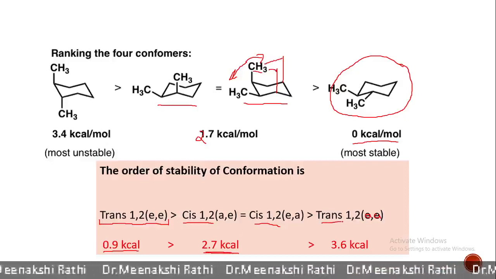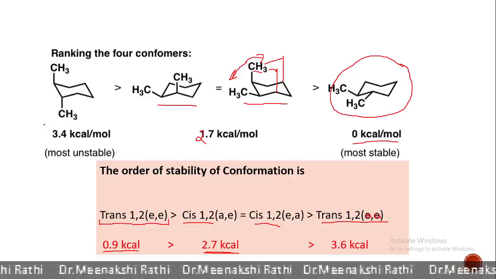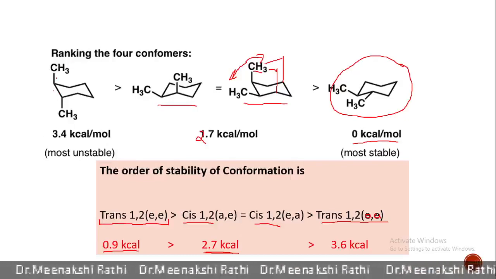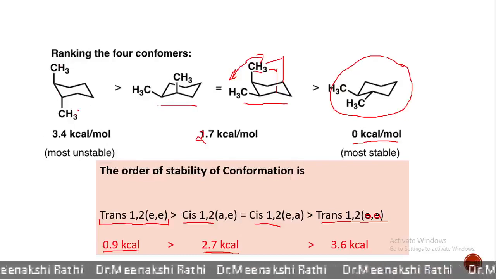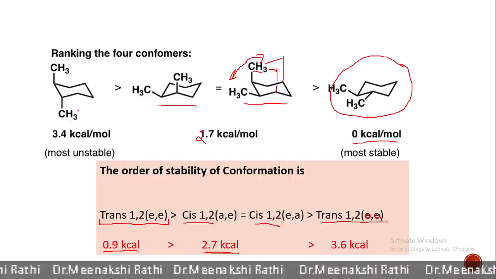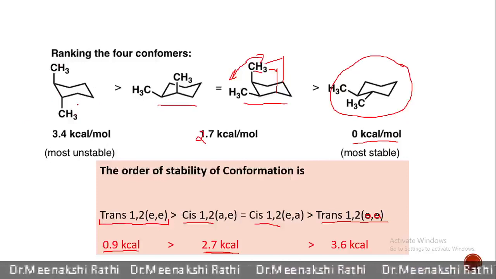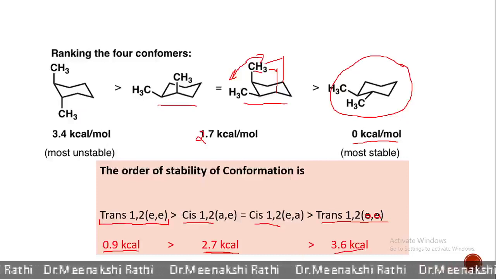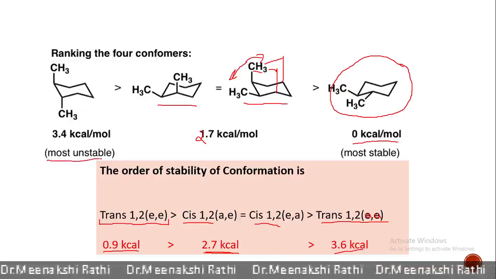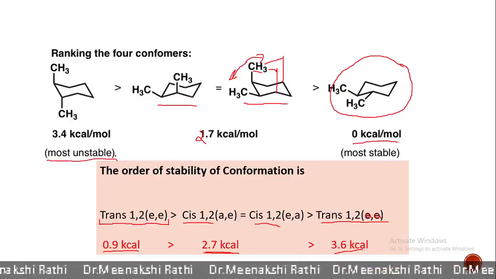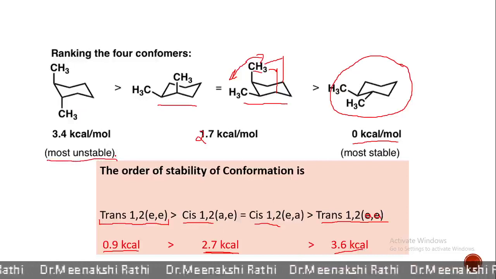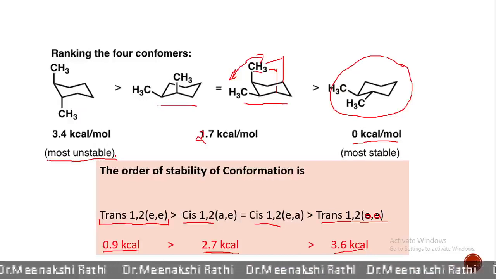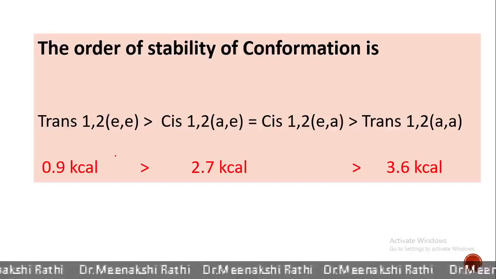While in case of trans 1,2-AA type, as there are a total of 4 1,3-diaxial interactions, its energy is 3.6 kilocalorie, and it is the most unstable conformation of 1,2-disubstituted cyclohexane.